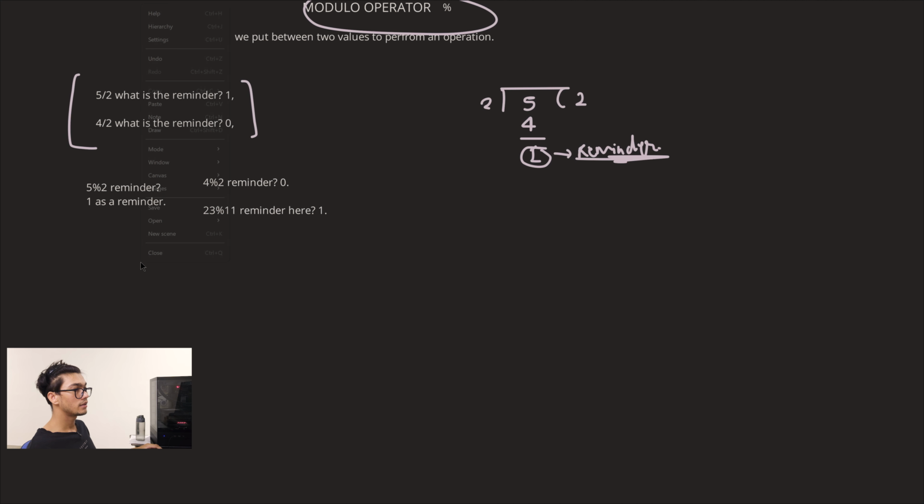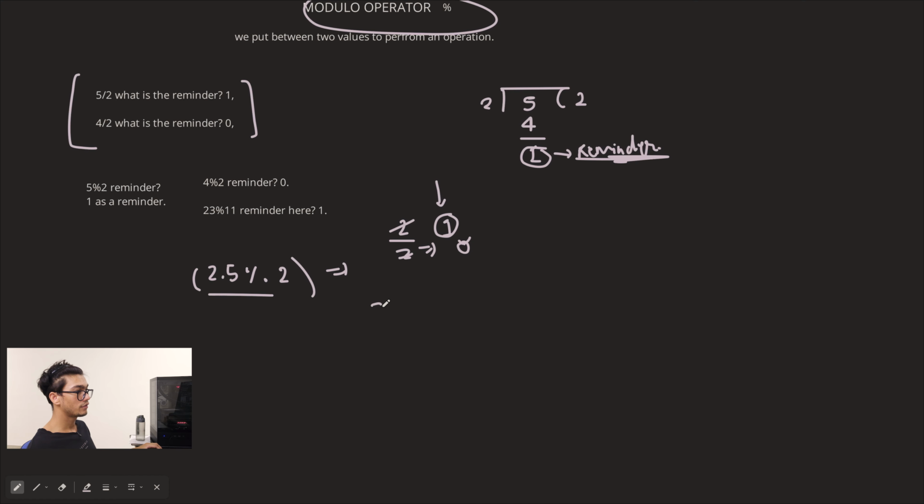And what if I talk about decimal values? For example, I have 2.5 modulo 2. If I say 2 divided by 2, it is divisible, but we don't get any remainder here, so we say 0. And here 2.5 modulo 2, we will get 0.5 as a remainder, because 0.5 is left when we divide 2.5 by 2.